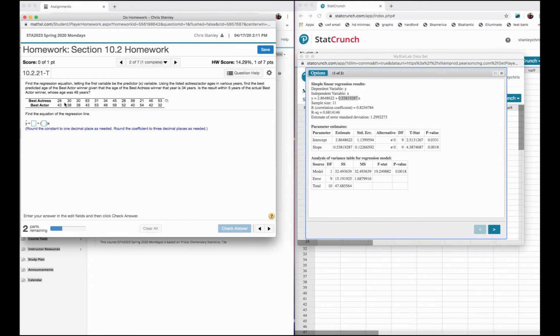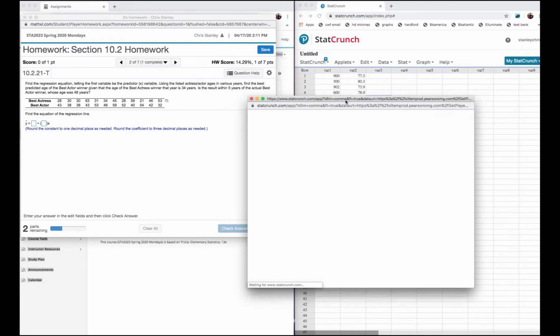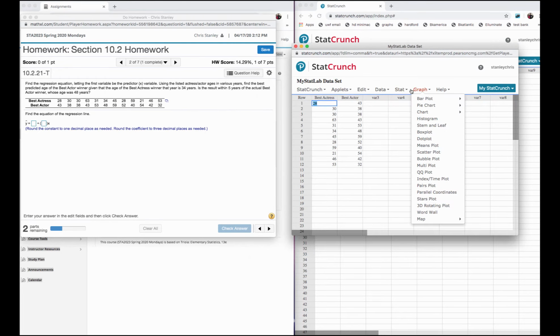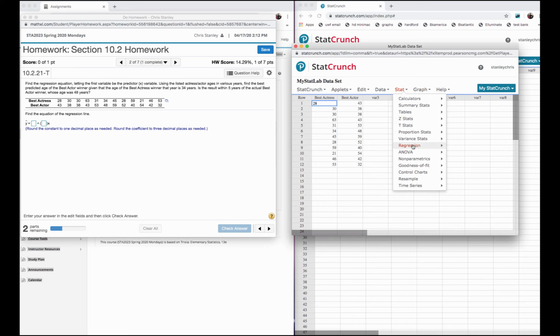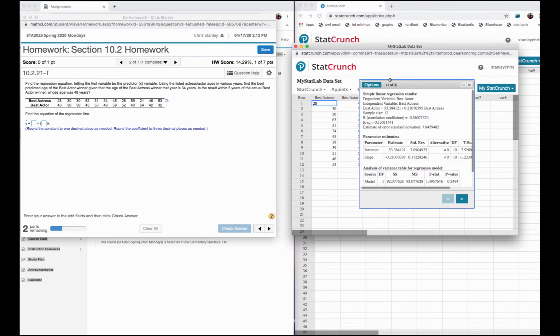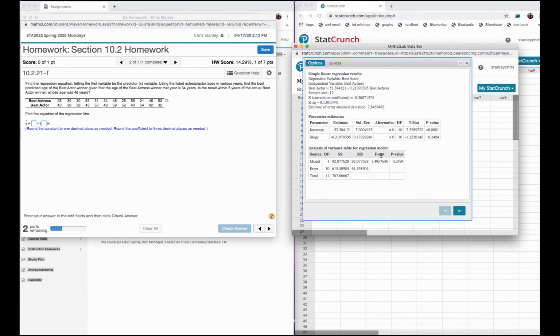Oh, good. Okay, so we're back to these actresses and their ages. Okay, so let's go ahead and get the equation. Now, we don't necessarily have to look at the picture for this one, because they just asked for the equation.